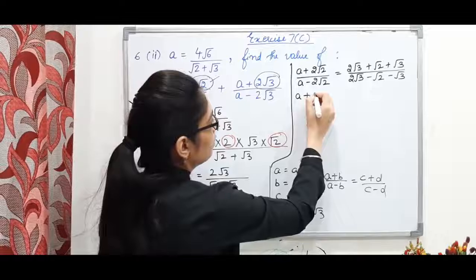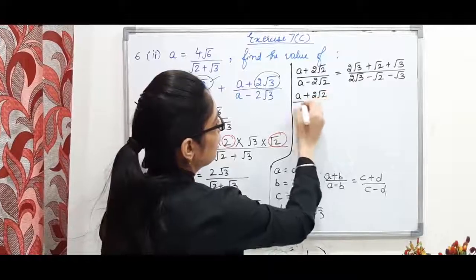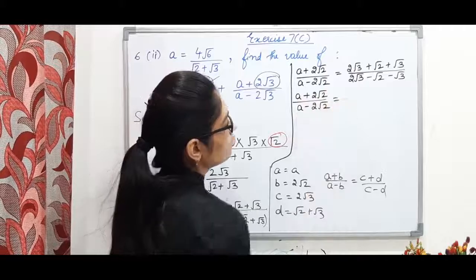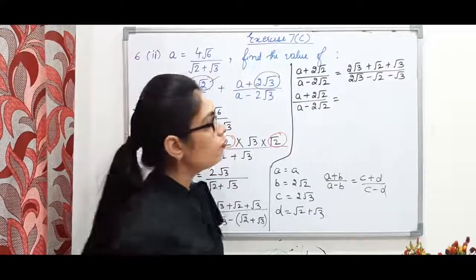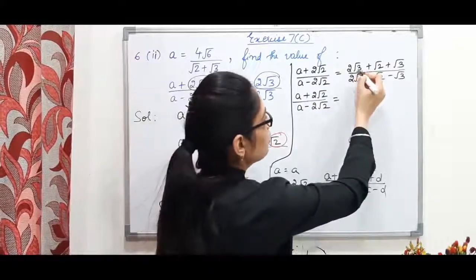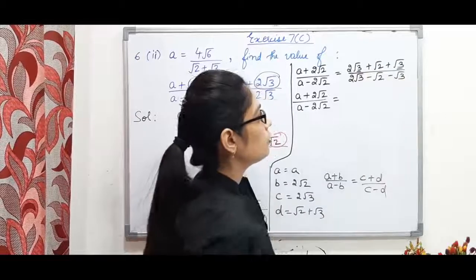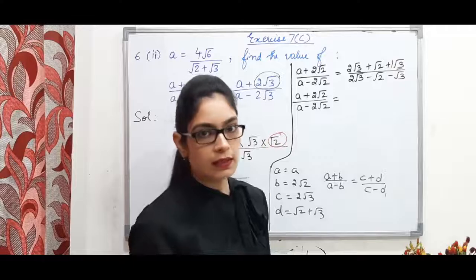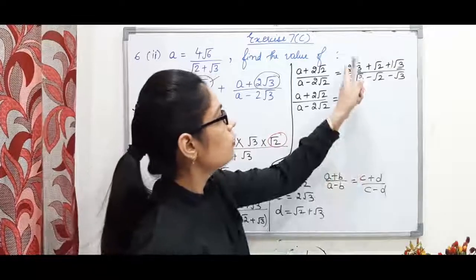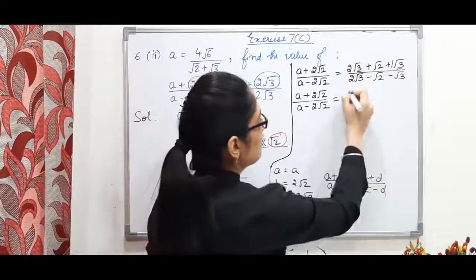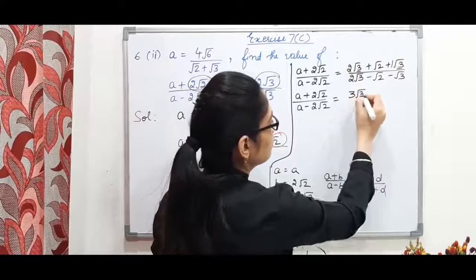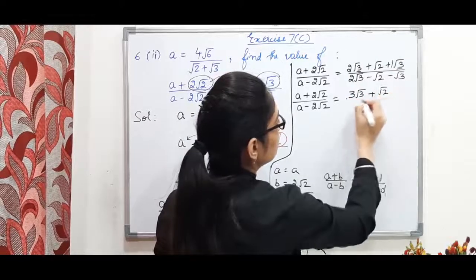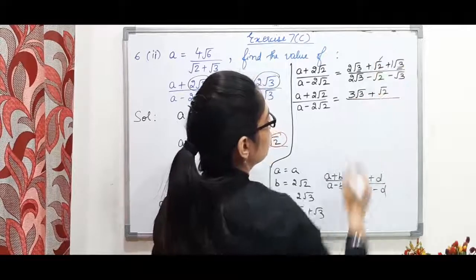A plus 2 root 2 upon a minus 2 root 2 is equal to, like terms we can solve. This term is with root 3, this is also with root 3. This is 2 root 3, this is root 3, means 1 root 3, nothing is written, that means 1 is there. 2 plus 1, 3, and root 3 as it is. So it is 3 root 3 plus root 2 as it is, I have to write this root 2.